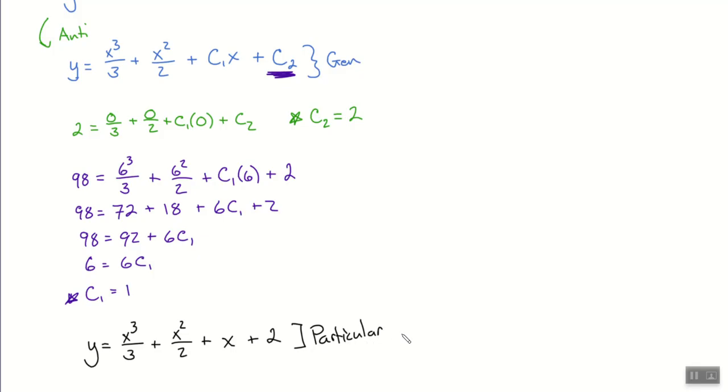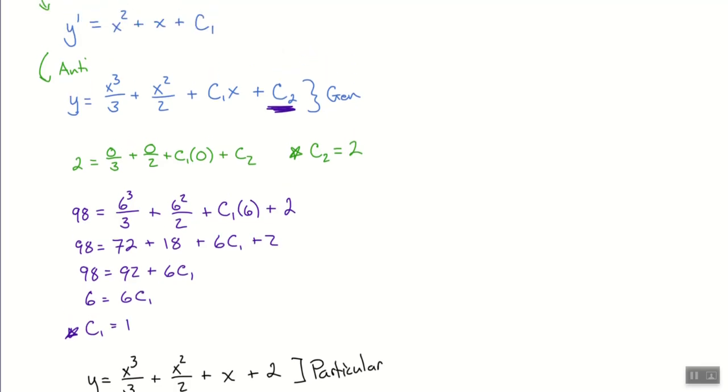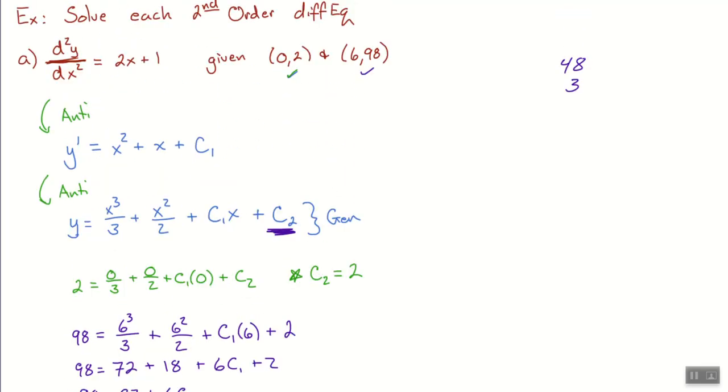Now, we will get into the application stuff, but I just want to stress here real quick. Let's play some physics thought. In physics, when we think about position and all those good things, what's the second derivative? Acceleration. So the problem that we're working right now says, here's a function for acceleration at time x. But now I know that originally at time 0 my position was 2, and at time 6 my position was 98.